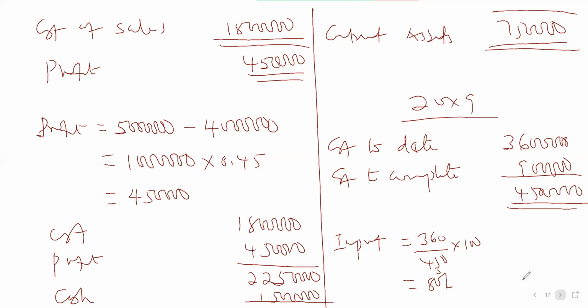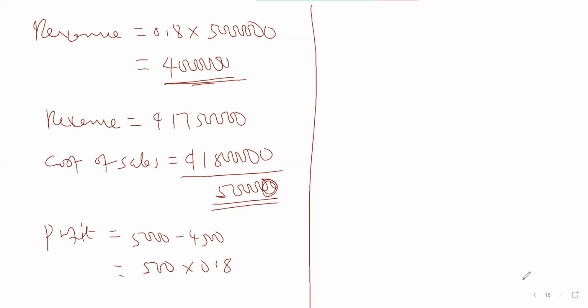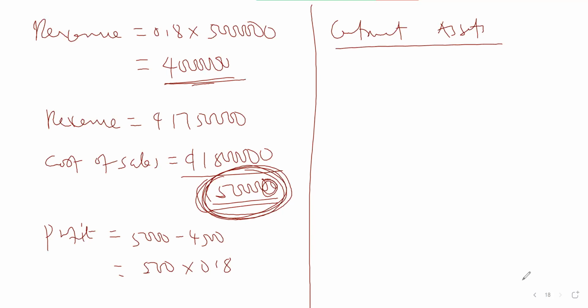Are you okay? So this loss over here, you show it as a loss. So let's now calculate our contract asset for this particular year. The contract asset for this year, we'll look at the cost to date.